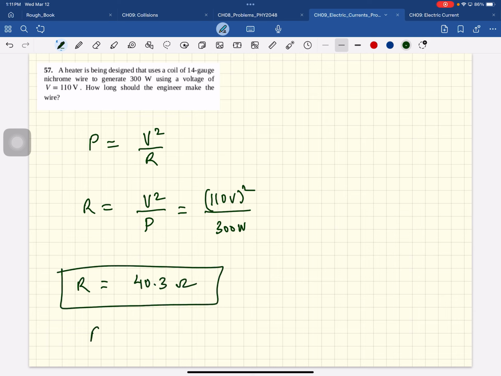Now the resistance of a wire is the resistivity times the length divided by area. All right, let's find the diameter of the 14 gauge wire. What is the diameter of a 14 gauge wire?